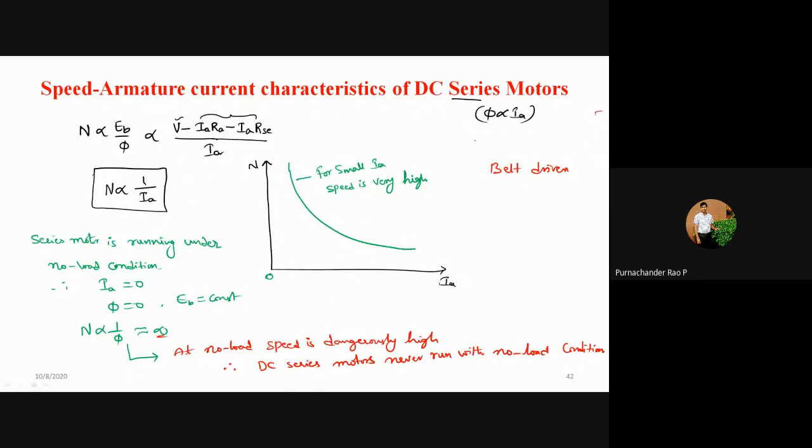DC series motors cannot be used for belt-driven applications, because whenever there is a slip in the belt, the total load will be disconnected from the motor, and this motor will run with a dangerously high speed.